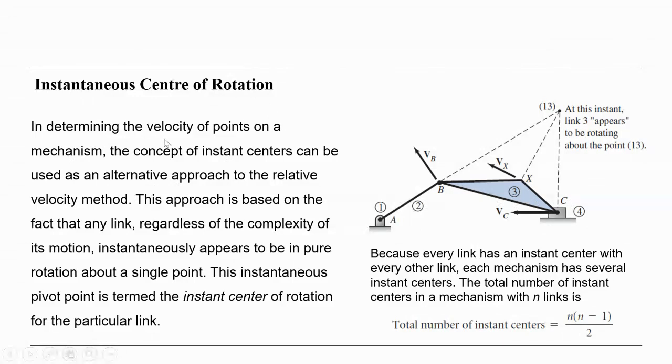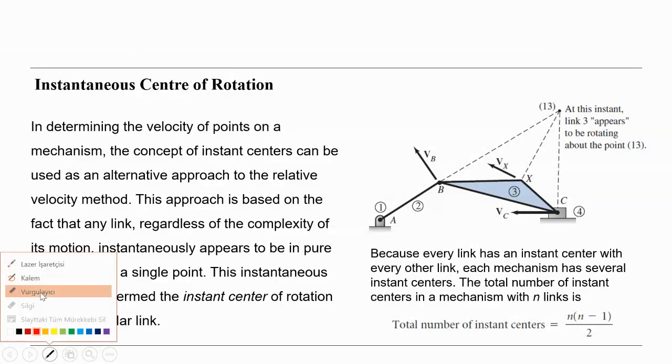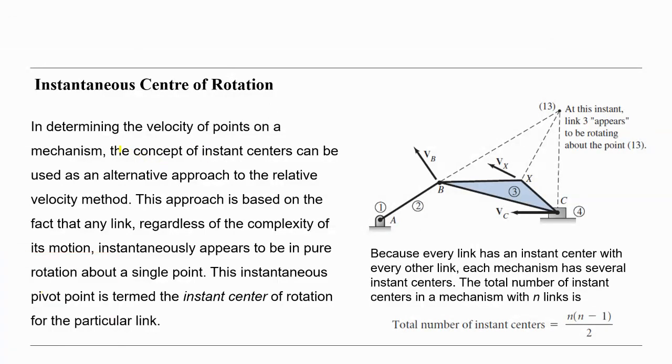So in determining the velocity of points on a mechanism, the concept of instant center is the important part. The concept of instant center can be used as an alternative approach to the relative velocity methods in order to calculate the velocity.